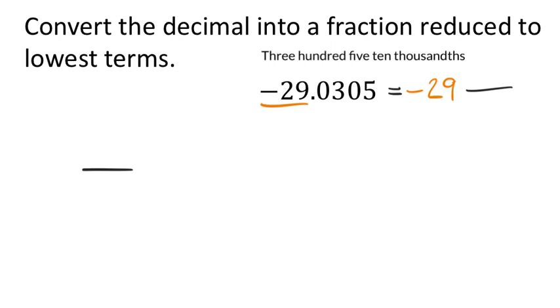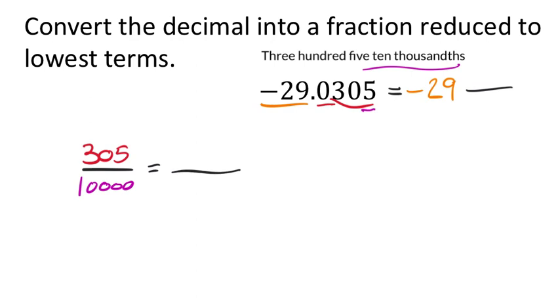That just reads 305. Again, I don't care about this 0 right here, although it does help me with the place value. It's going to be 305, and like we've already written out, this 5 to the right is in the 10,000ths place value. So that's going to be my denominator, 10,000.